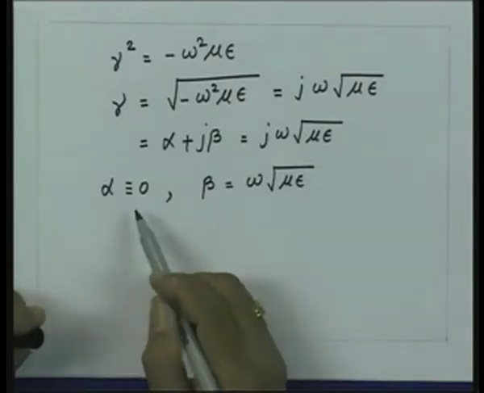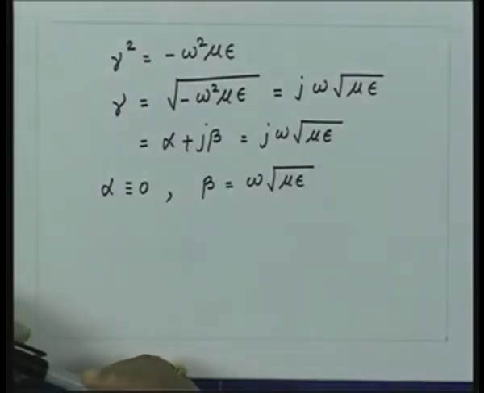And if you recall, when we were discussing transmission lines, the alpha equal to 0 case represented lossless transmission lines. What that physically meant was that when the wave travels on the transmission line, the amplitude of the wave does not decrease, it has a constant amplitude.